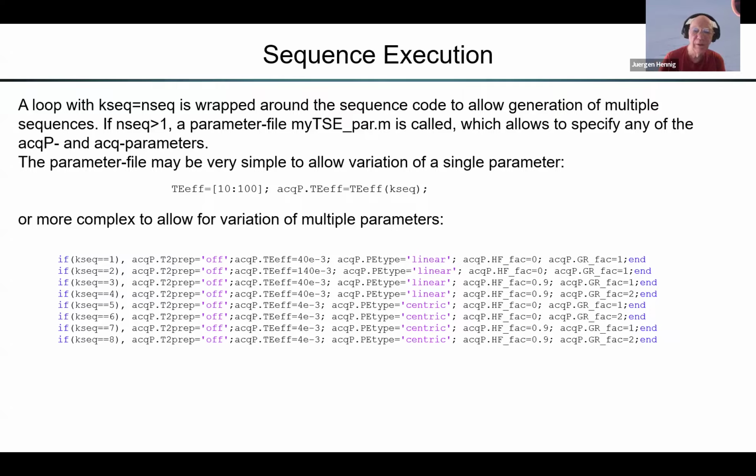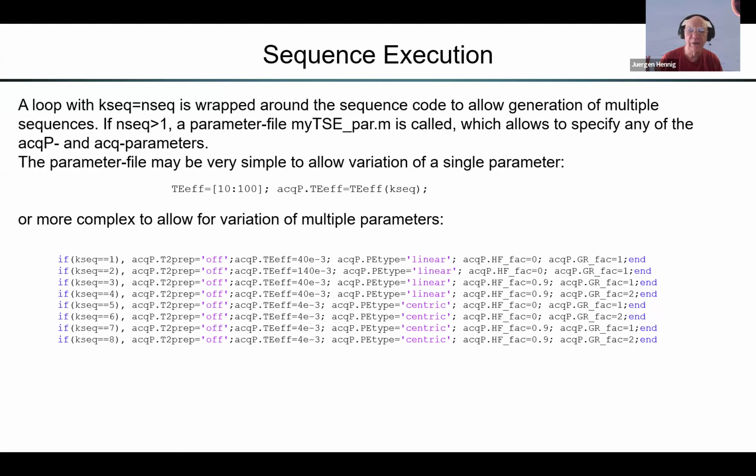That can be very simple, like just a vector containing different effective echo times, and it can be very complicated. You can basically modify whatever parameter you like.